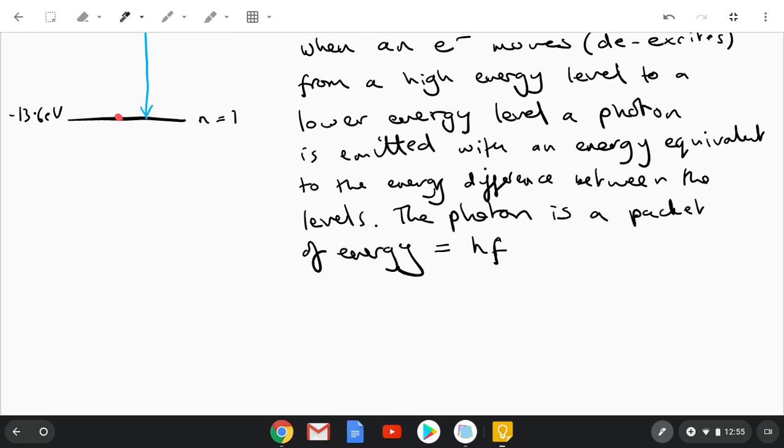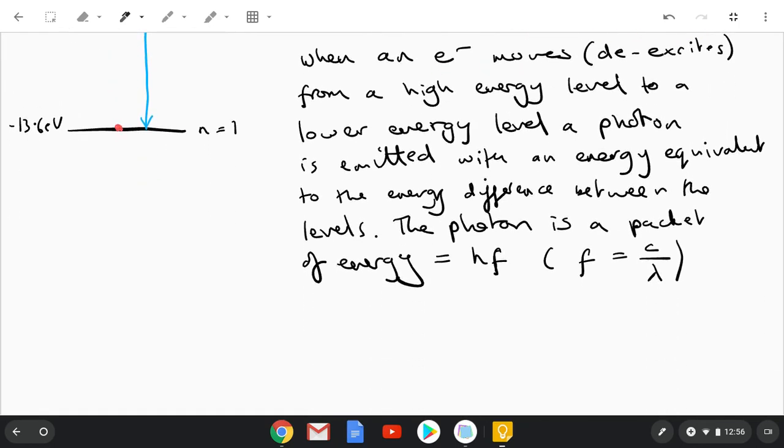And we also know that frequency is equal to the speed of light over the wavelength. So we know that the energy difference between the levels equals hf, or hc over lambda.